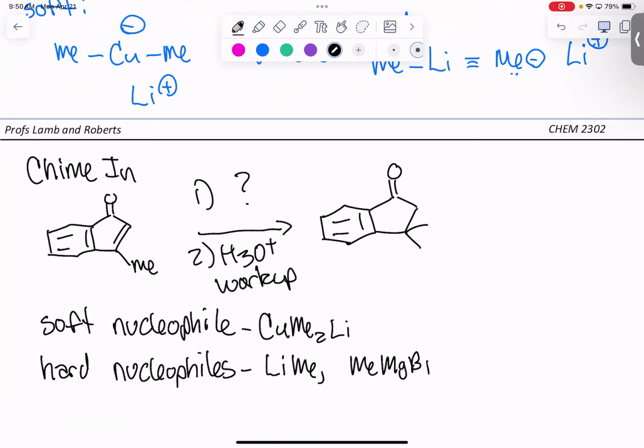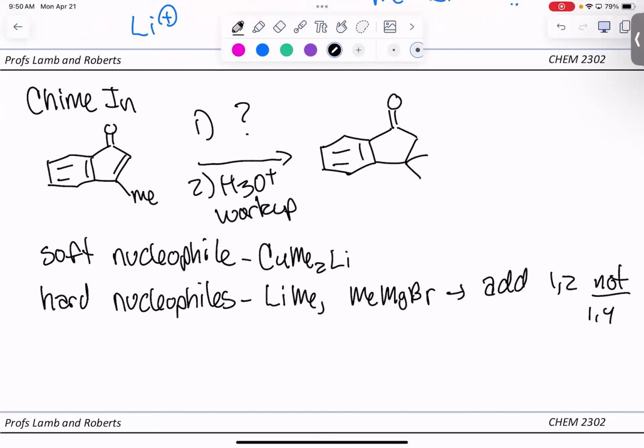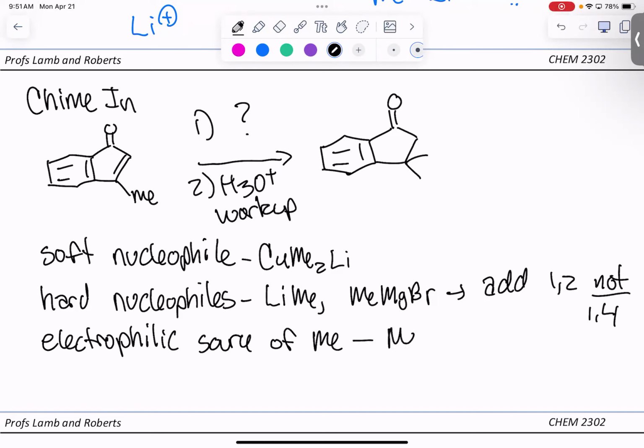And these would add 1,2, not 1,4. And our methyl lithium, that was sort of our red herring, was actually an electrophile. So an electrophilic source of methyl. Methyl iodide.